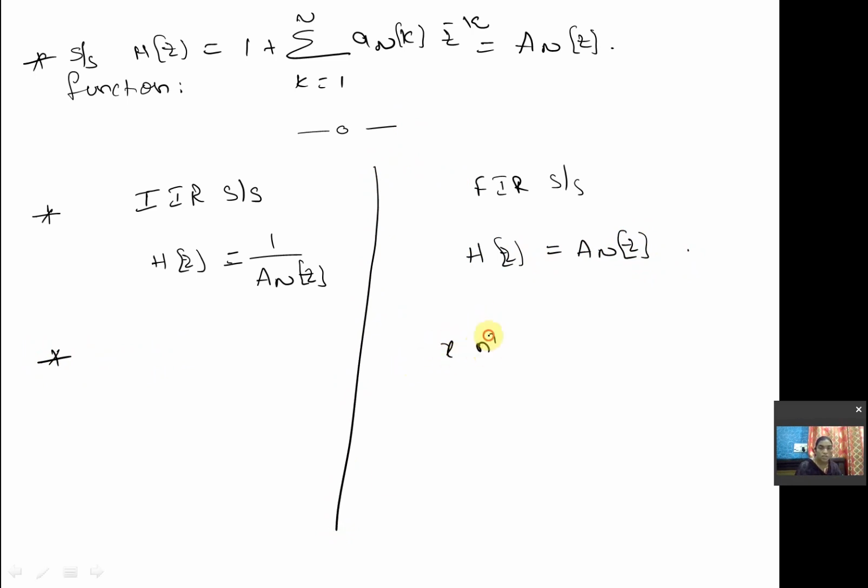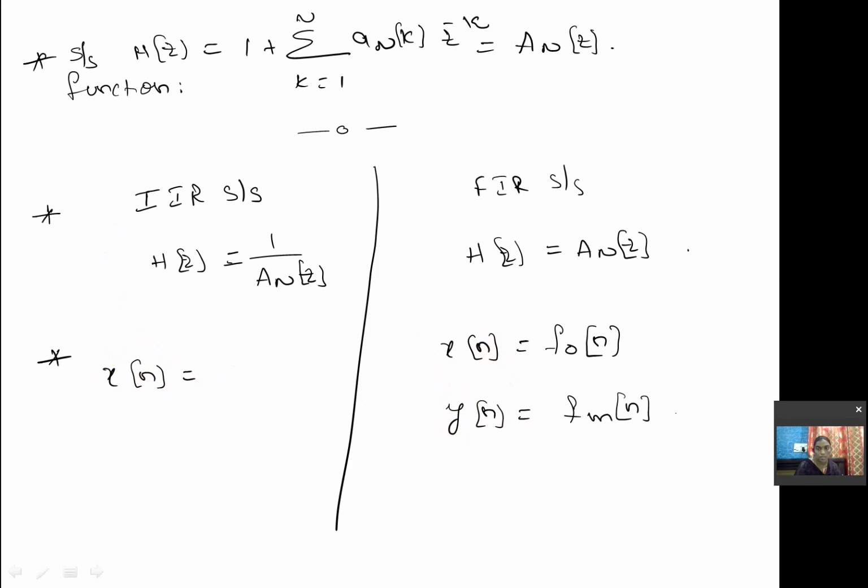Of course you know that in the FIR system, x of n is f naught of n. Am I correct? And y of n is f m of n. Okay, we have taken like this. And in the IIR system, x and y are interchanged. Am I correct?